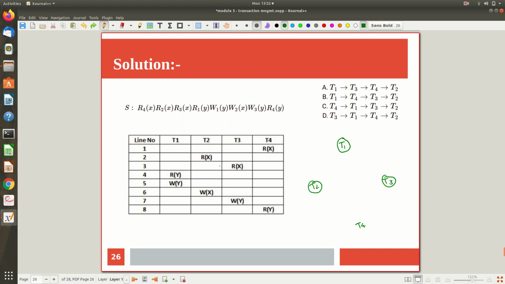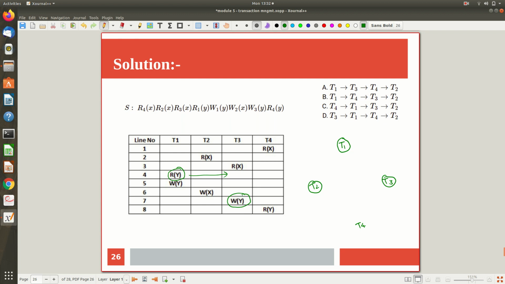Now let's see whether transaction 1 is conflicting with transaction 3. Here you have to verify the set of operations of T3 after this time, following this read Y. That is important. Here it is read Y, and you can see the conflicting operation on the item Y. A read-write conflict on the same data item Y, so it is a valid conflict.